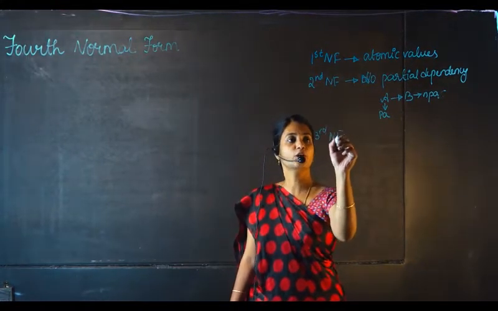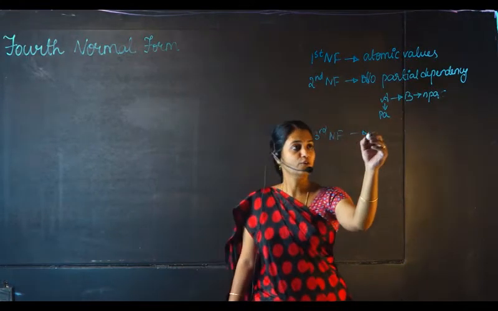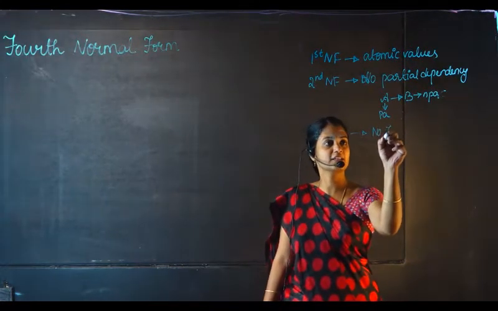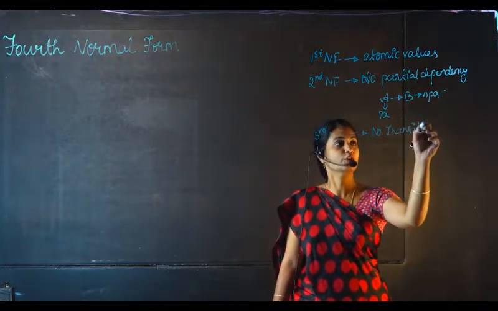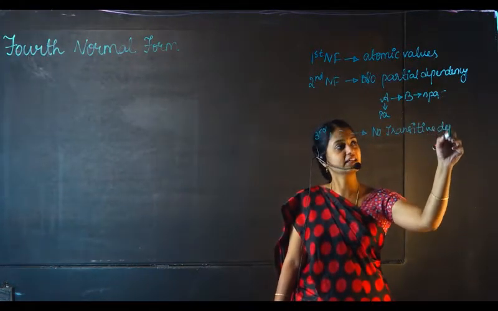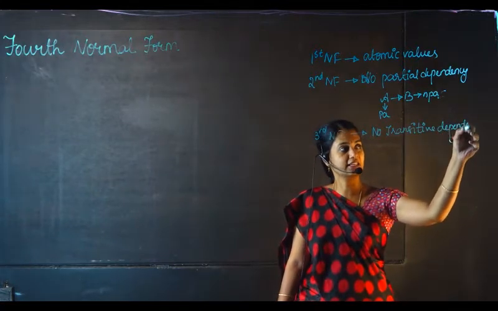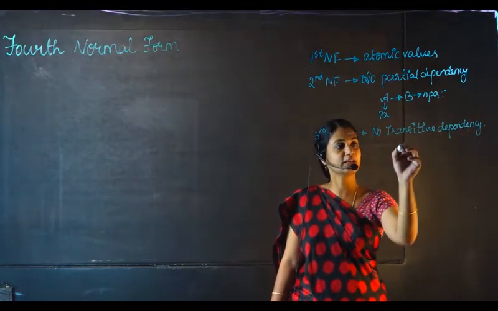What about third normal form? In your third normal form, no transitive dependency should be there. So what is transitive dependency?